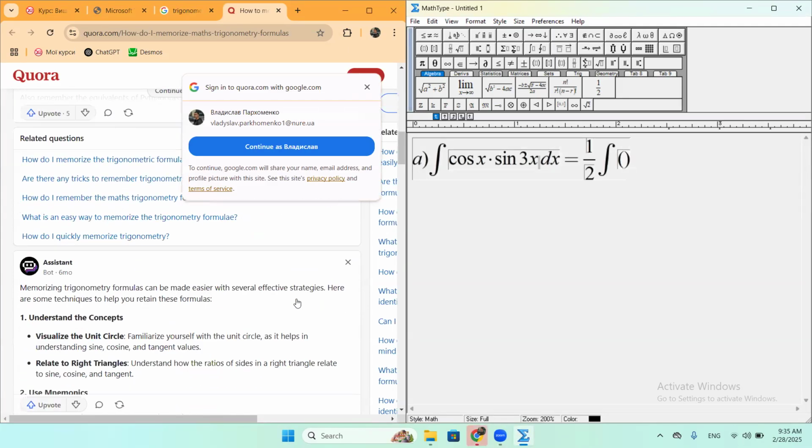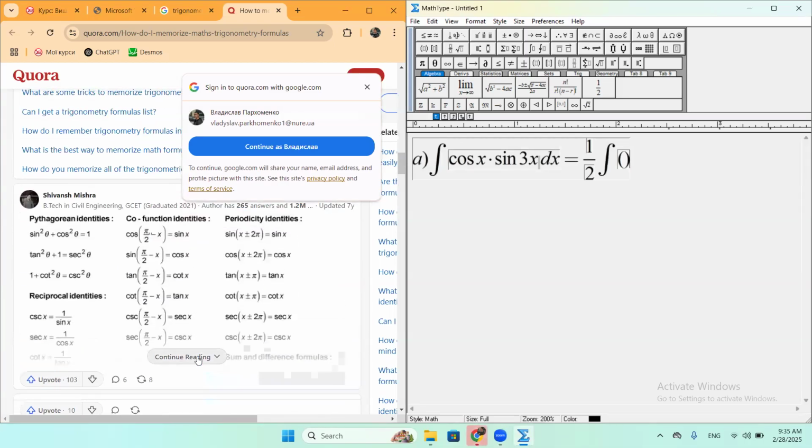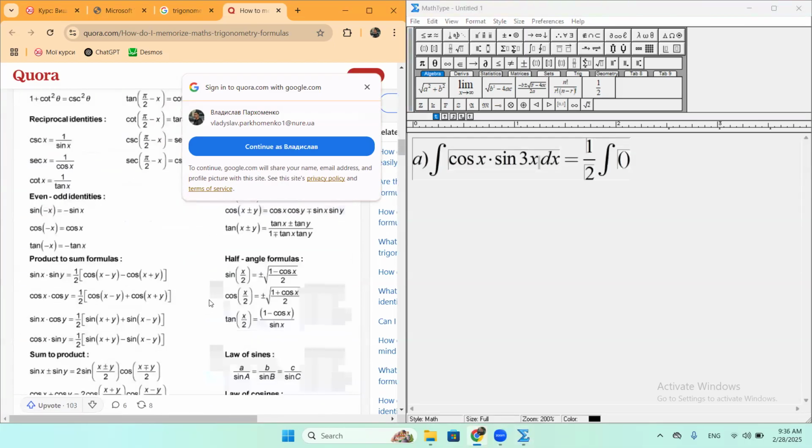So yes, now this. Cosine multiplied by sine. So cosine of x and sine of y equals sine of the sum minus sine of the difference.